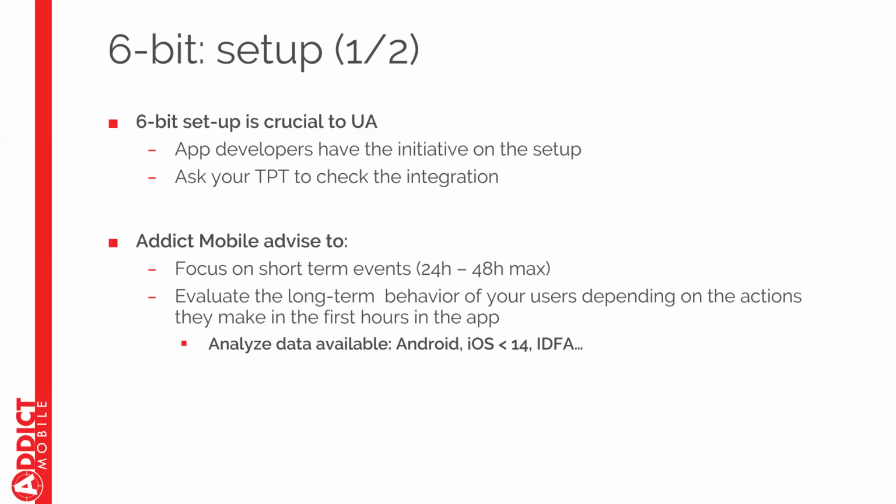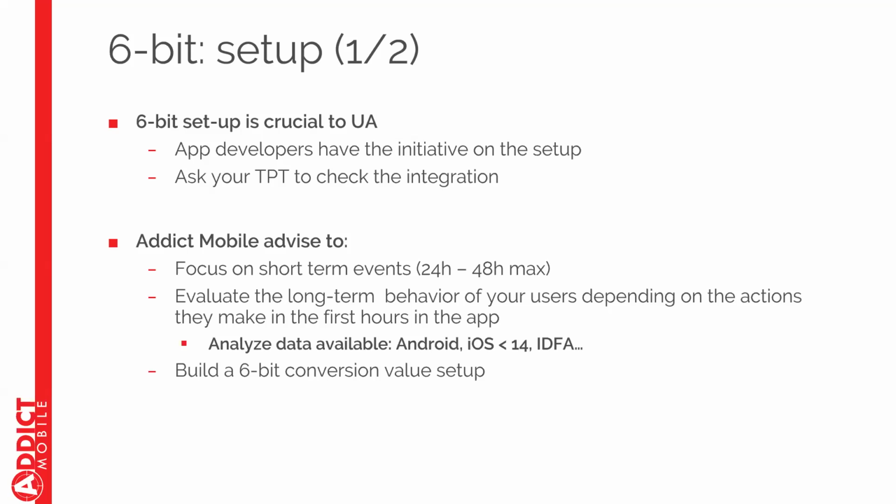And then what you have to do is evaluate the long-term behavior of your users depending on those actions they have done in the very first hours, okay? So you can check all the data that's already available under Android, and under iOS that's not iOS 14, so the previous version, all the data coming through the IDFA, that shows what users are doing in the very first hours in the app and how they behave in the long term.